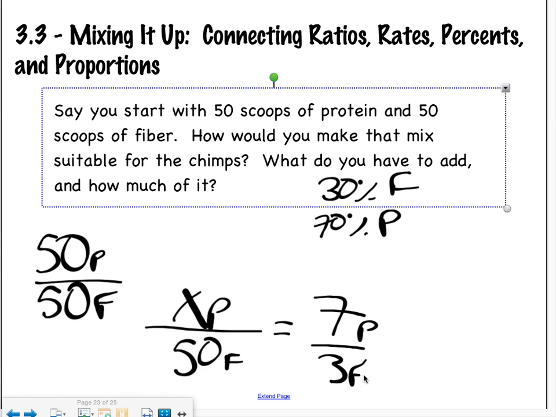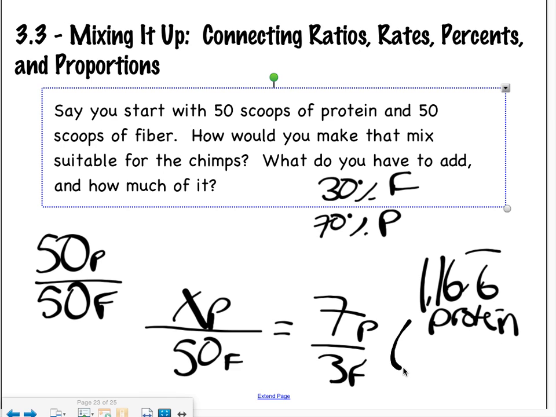When you solve for X here, you get that you need 116.6 repeating scoops of protein total. So how many more do you need? Well, you subtract 50 and you need 66.6 repeating, or 66 2/3 more scoops of protein.